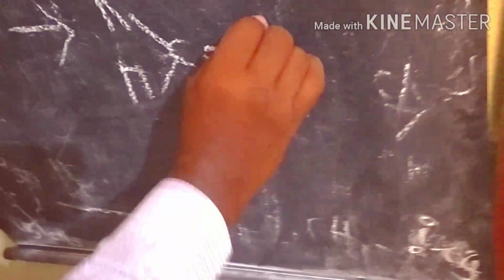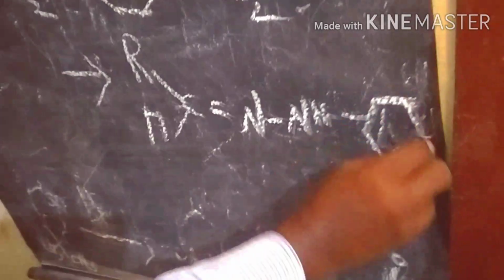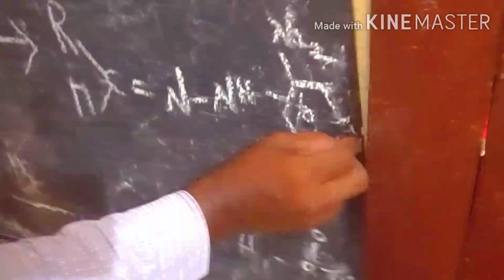What is the product? 2,4-dinitrophenylhydrazone is the product. To identify carbonyl compounds we use the 2,4 DNP test. The next reaction is with semicarbazide.